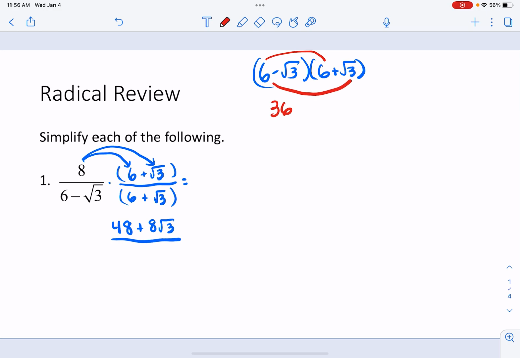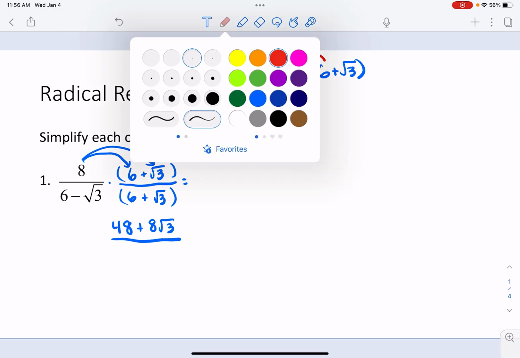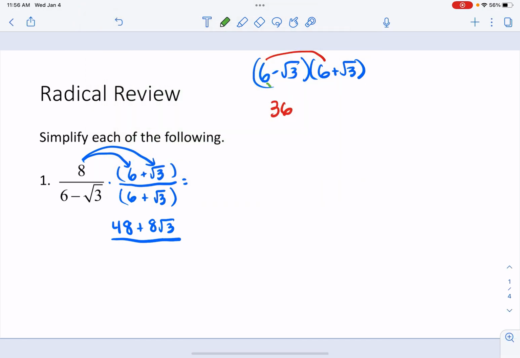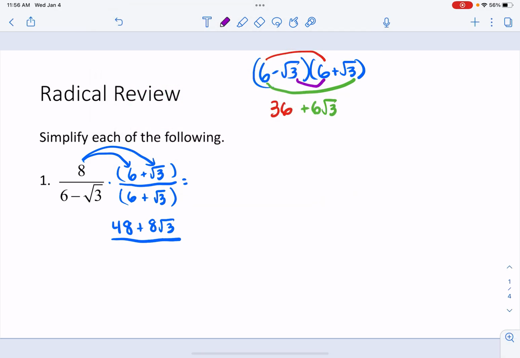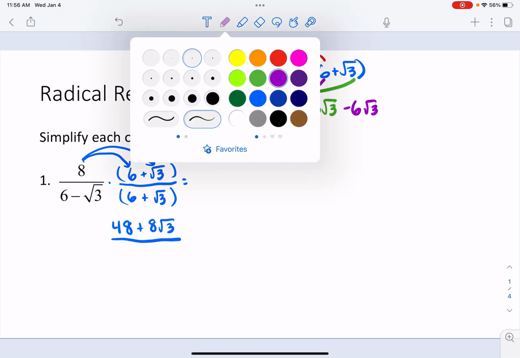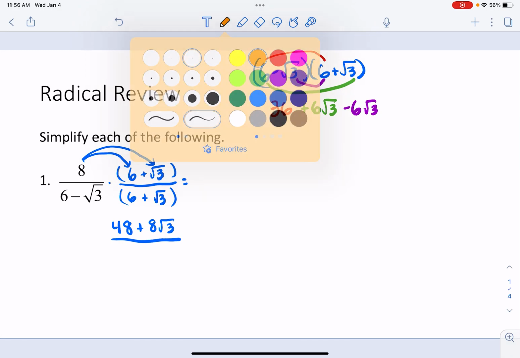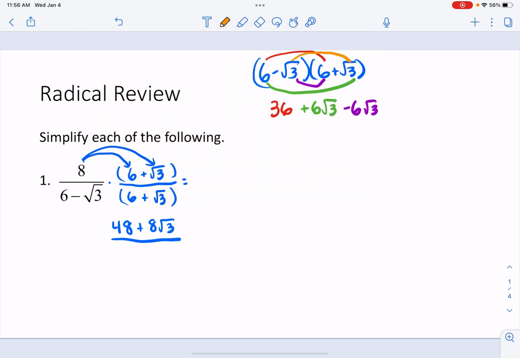Outer terms together. Inner terms together. And our last terms together.